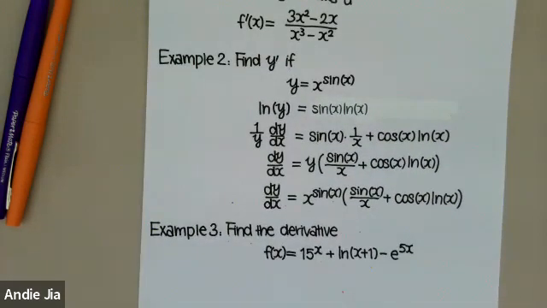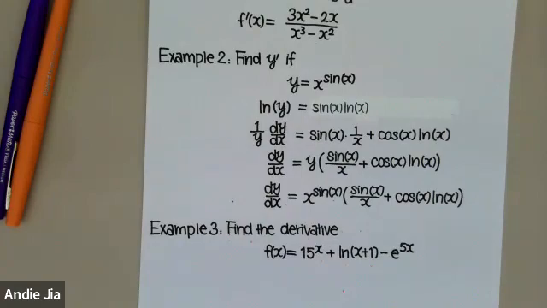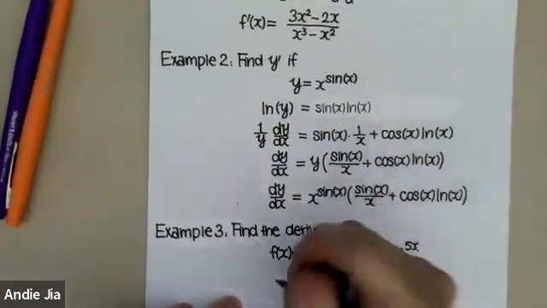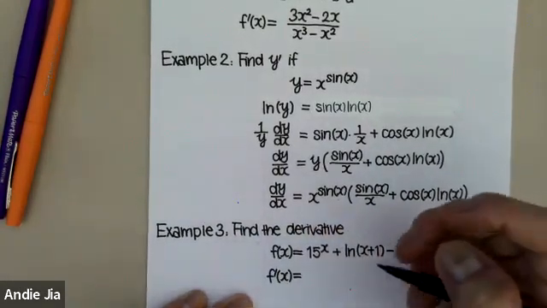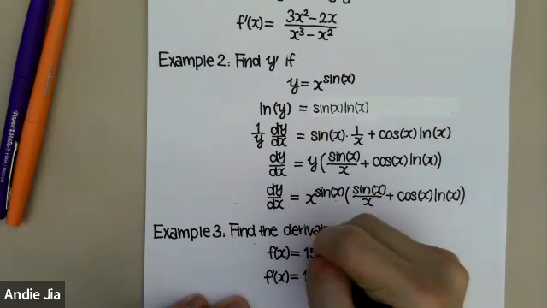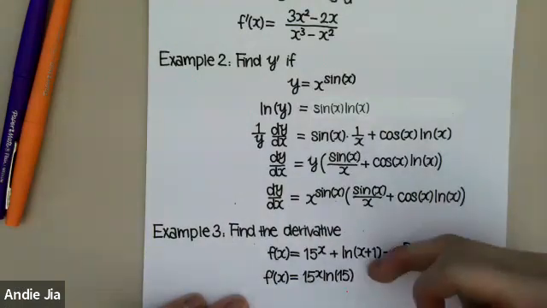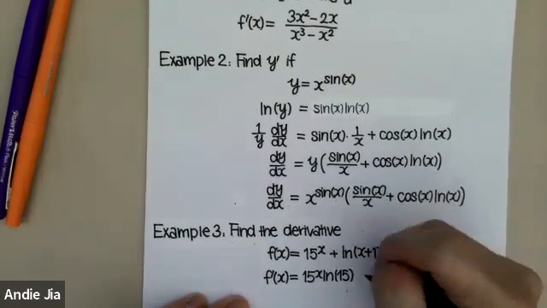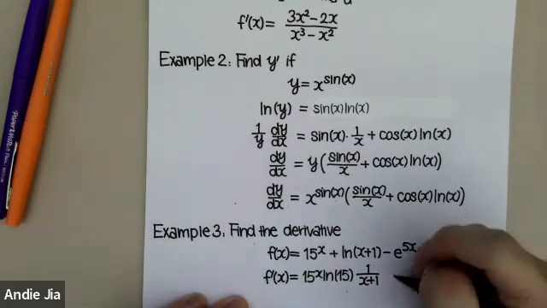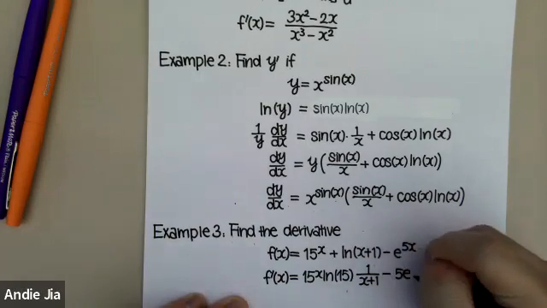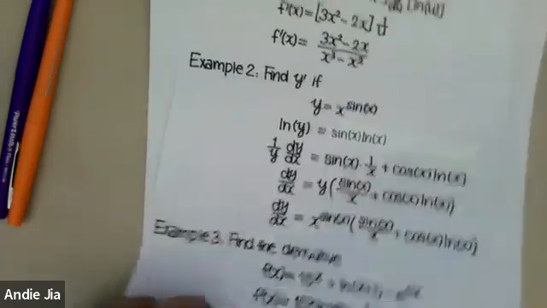The rules to use are logarithm, chain, and logarithm. Just apply the chain rule, and it's going to be 1 over x plus 1 minus 5e to the 5x. This is the derivative.